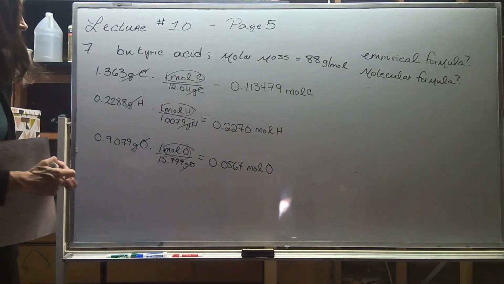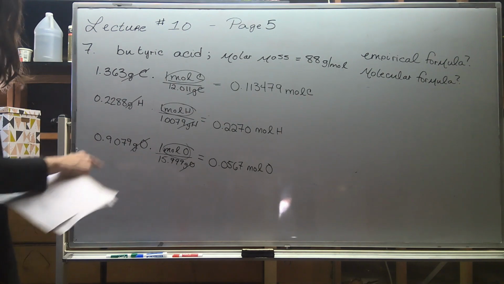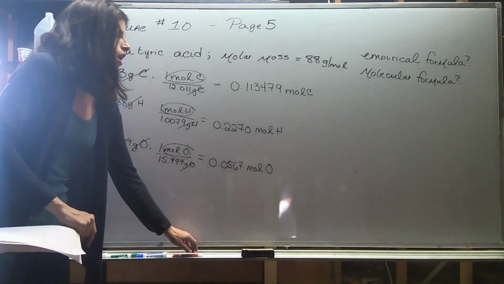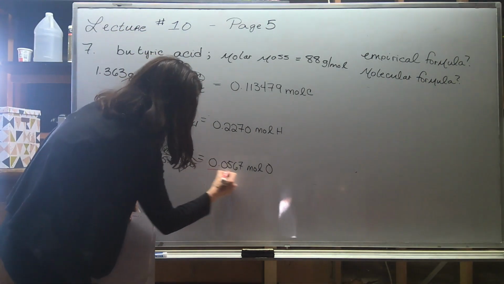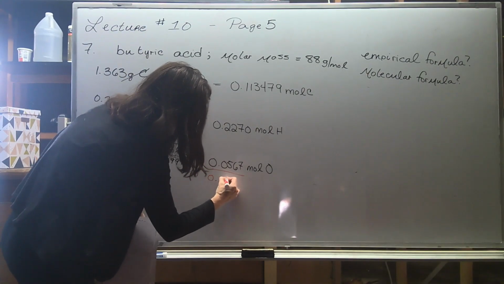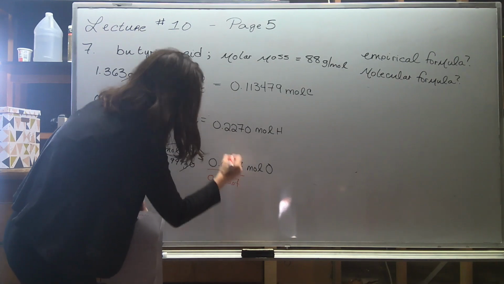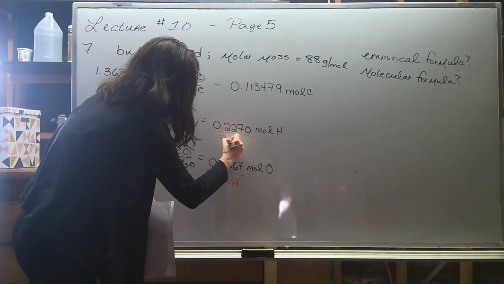Just like in all our previous examples, once we're at the point where we have everything in moles, you find the lowest mole value, which again is oxygen, and divide every mole value by that smallest mole value.